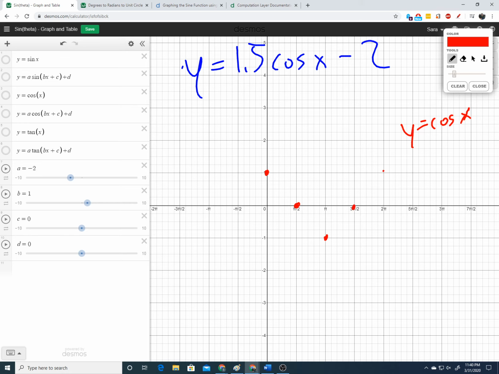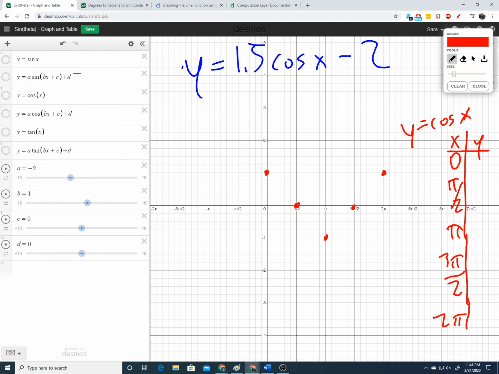And you can double check me against your unit circle in the activity we did 2 days ago, but these points should be on your worksheet. Cosine, if I was making a table out of this, by the way, x, y, I used 0, pi over 2, pi, 3 pi over 2, and 2 pi.